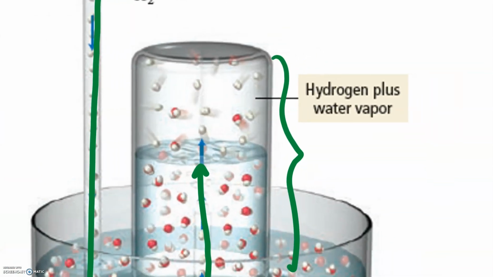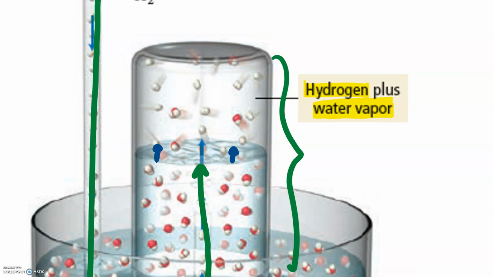It's not just hydrogen, because at the surface of the water inside the trap, the water molecules themselves actually start to evaporate. That means that whatever gas we're collecting inside this water trap is going to be pure, except that it's going to have a little bit of water vapor inside.